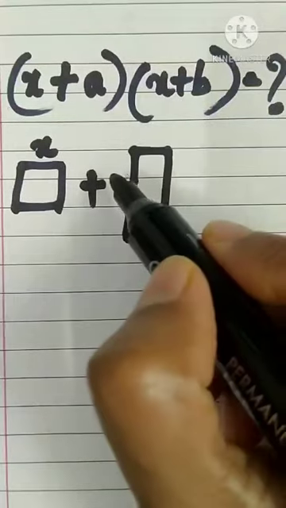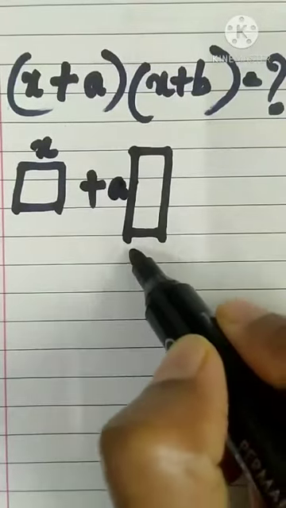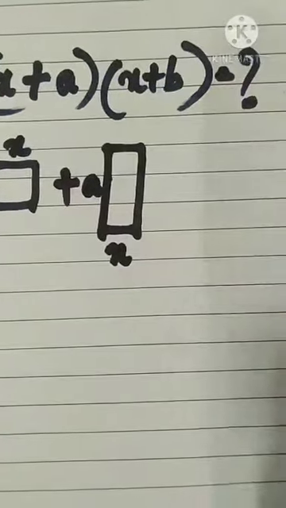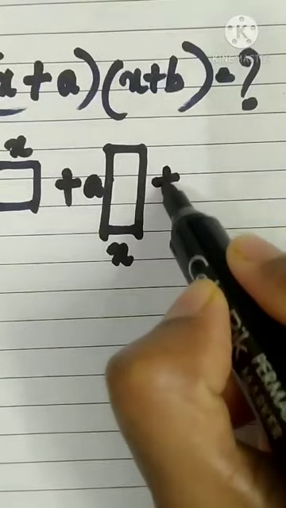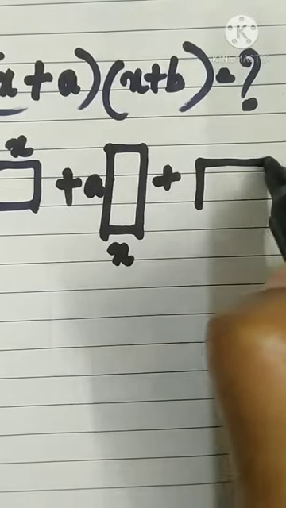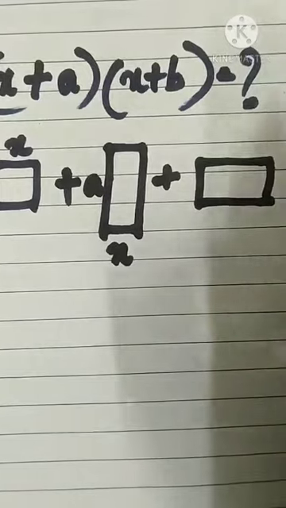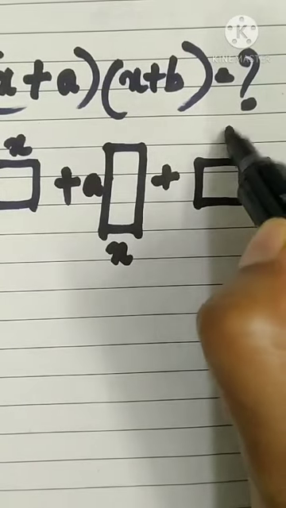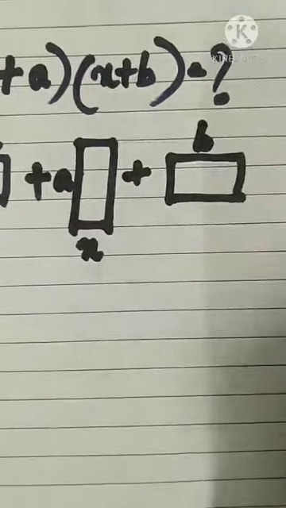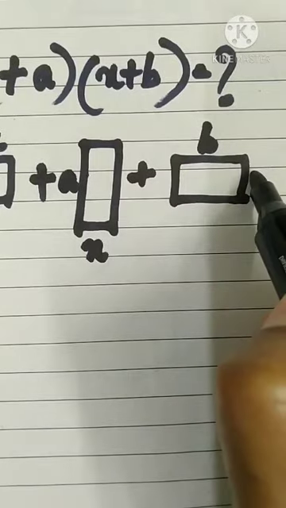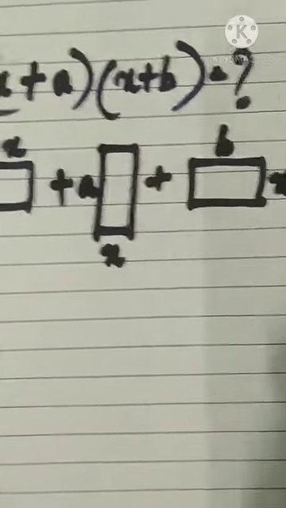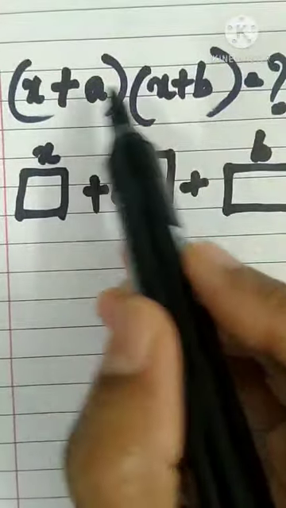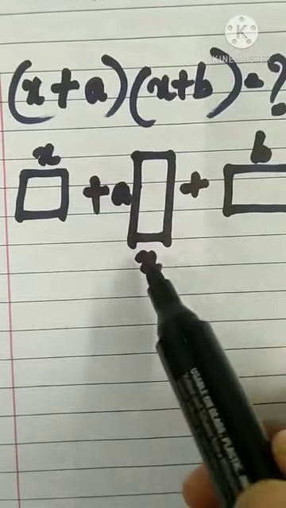So let the length be a and the breadth be x. Then again we will consider another rectangle, where we take the length as b and breadth as x. So I see xa, xb. One rectangle xa, another rectangle xb.